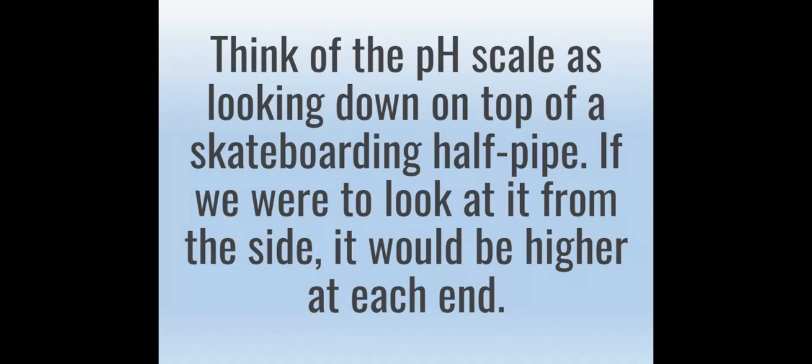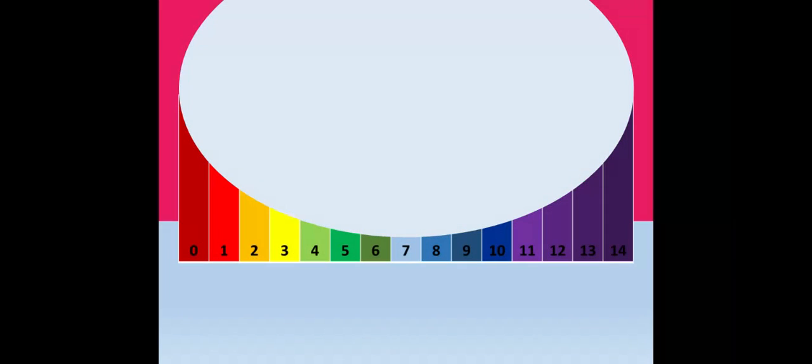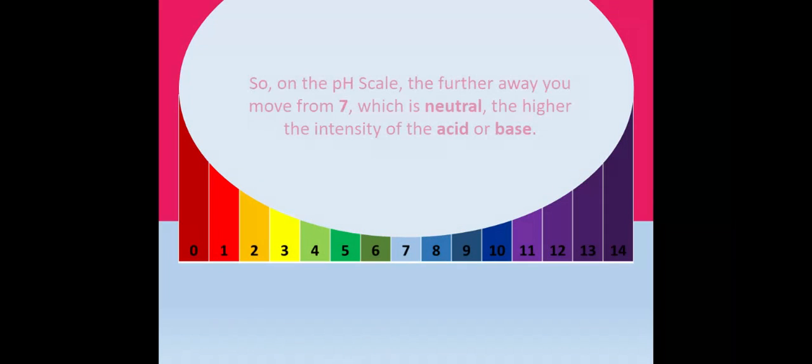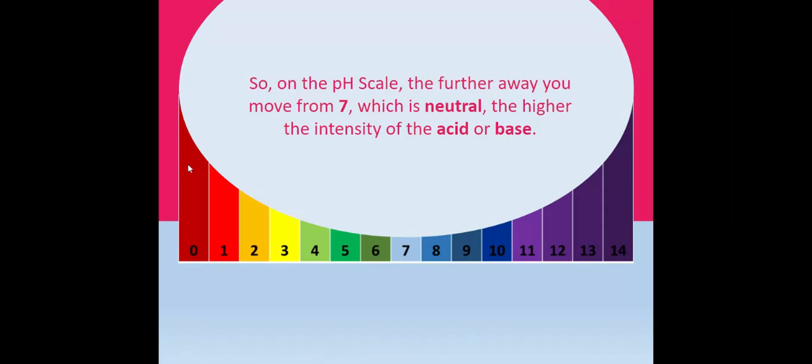We've had some time, and now this is what I want you to get out of it. We can think of the pH scale as looking down on top of a skateboarding half pipe. If we were to look at it from the side, you would see that the scale would be higher at each end, something like this. This is because the further away you move from 7, which is neutral, the higher the intensity of the acid or the base.